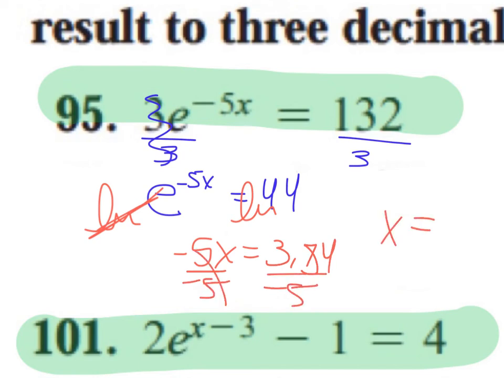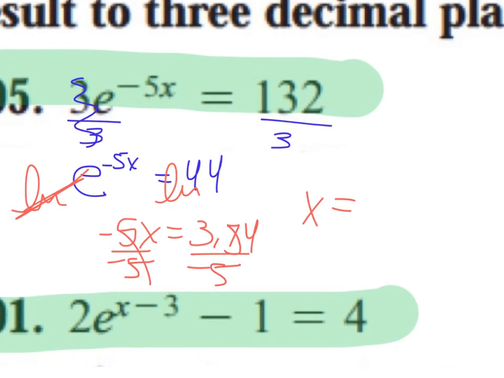So x equals negative 0.757. Okay. Again, guys, you have a calculator, you have answer choices. When you get x equals something, you can just plug them back in.